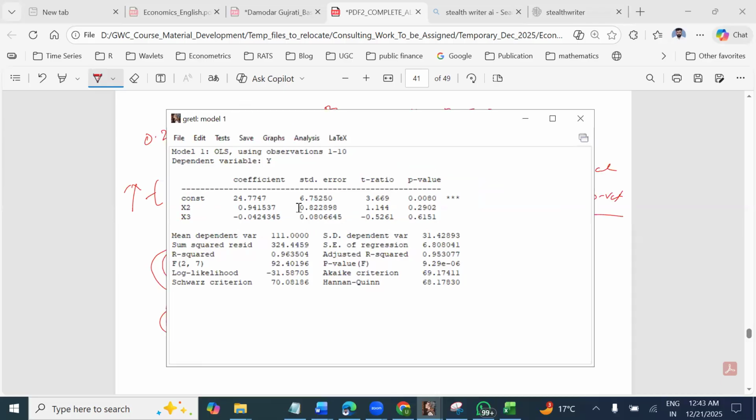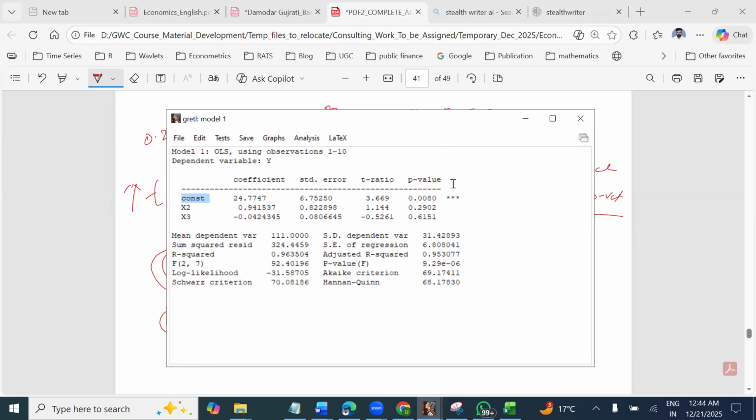Now the constant term. Now the question is, Madhusmita. No, let Chinmay answer. Is the constant statistically significant? The constant means beta 1, the intercept. Constant is beta 1, na? This term is beta 1.